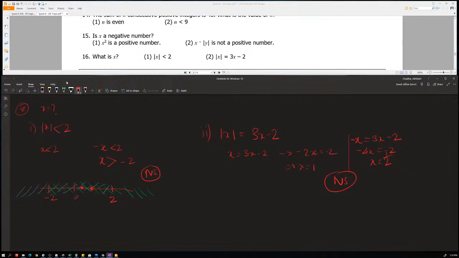If it was somewhere outside the window, we could have resolved. If it is 3x minus 2 and x is negative also, then we still don't have one particular correct answer. So this is not sufficient, this is not sufficient, and combining is not sufficient. That means E is the answer.